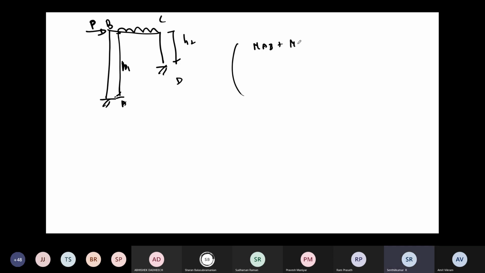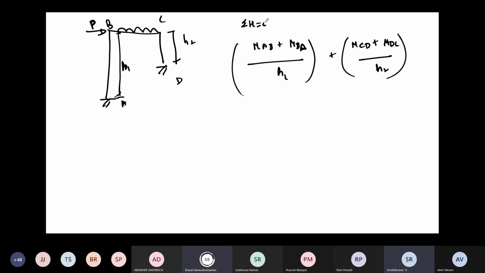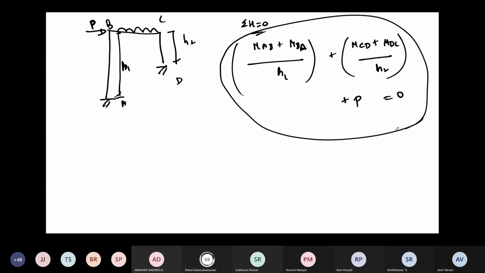MAB plus MBA by H1 plus MCD plus MDC by H2. Then sigma H equal to 0, right? Plus P equal to 0. That's all. Simple, right? To develop the equation.